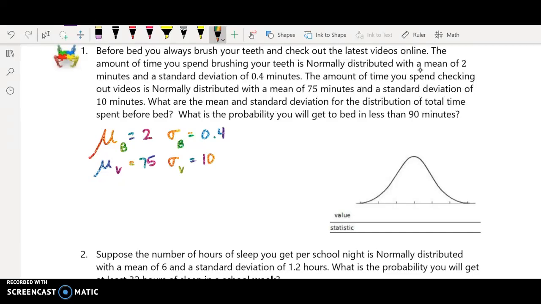Okay, so what I can do is combine these variables into this new distribution that I'm going to call T for total time. So our center for this distribution, the total time, is 77.